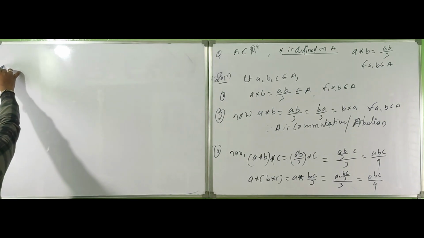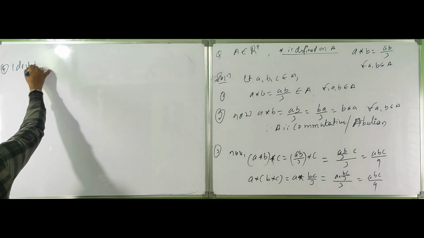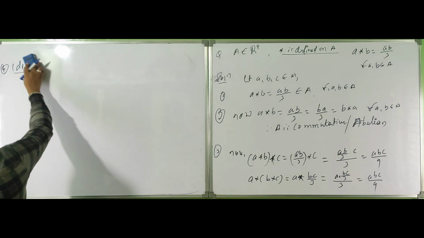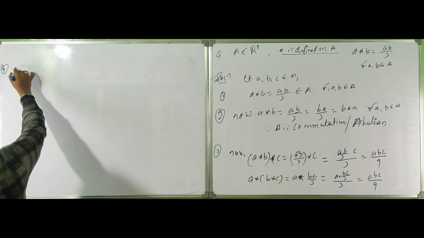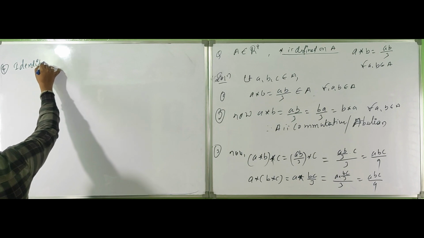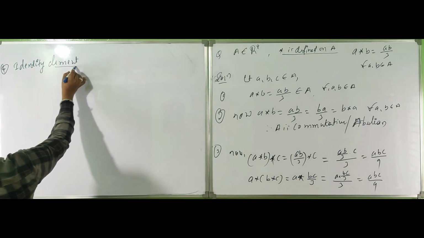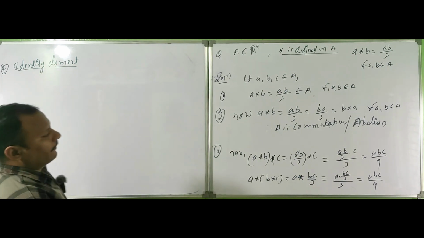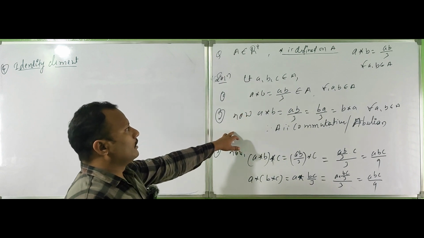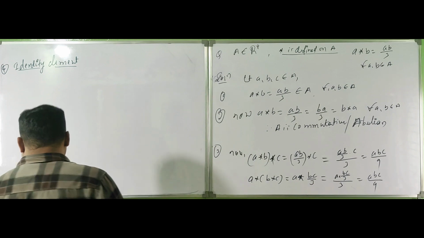Fourth one is the identity element. Have to show that if you do the operation, you will get only A. What is the operation here?